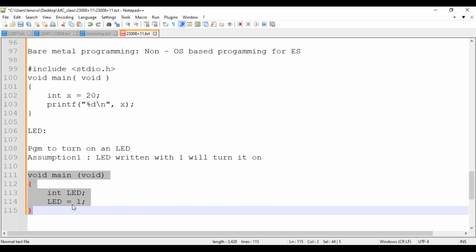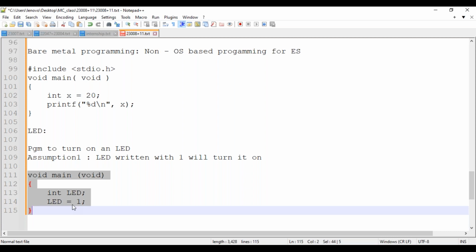Am I referring to the actual LED which is available on the board? No, I am referring to LED as a simple integer variable. When the microcontroller sees this, it will take LED as a normal integer variable, and will not consider it as the actual LED available on the board.